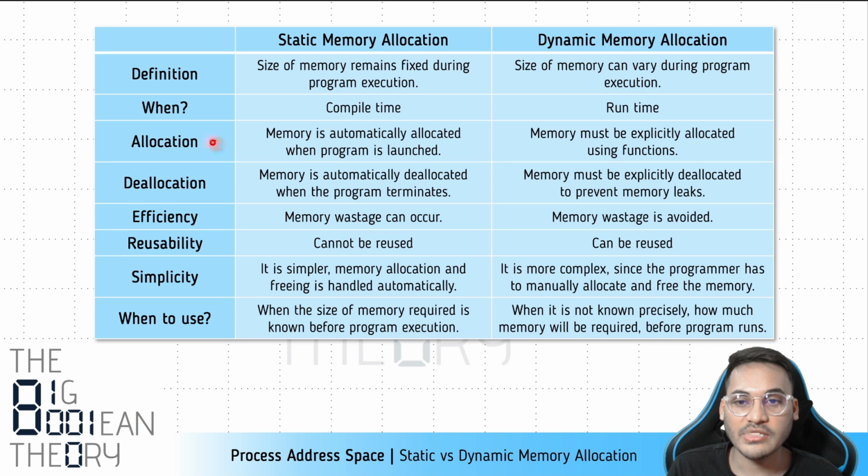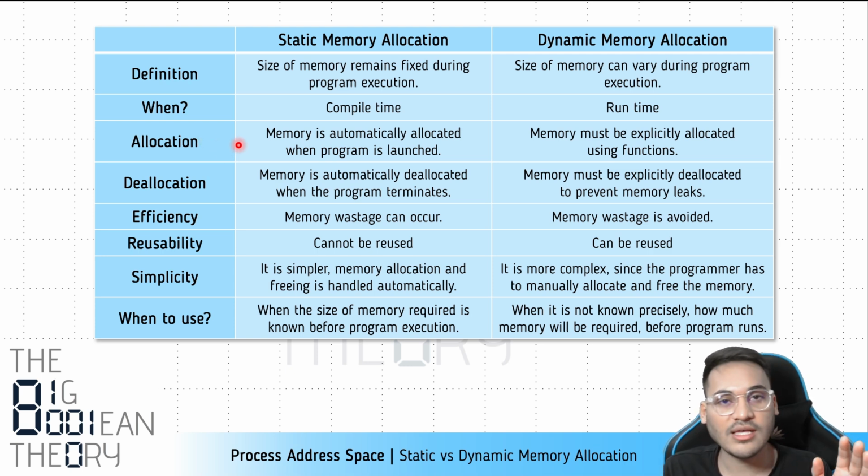The next two differences talk about how the allocation actually takes place. Now, when the program starts running, how do the static and the dynamic memory allocations look? At compile time, the size that these variables or data structures would require is already decided. So when the program is launched, this memory is automatically allocated for the program by the operating system.